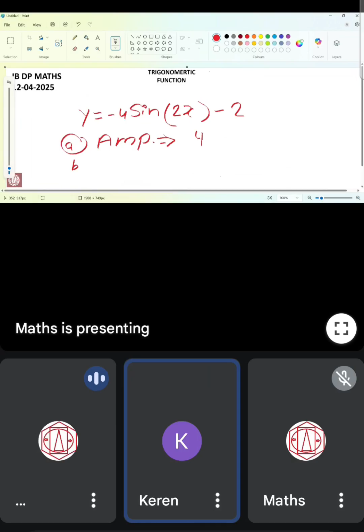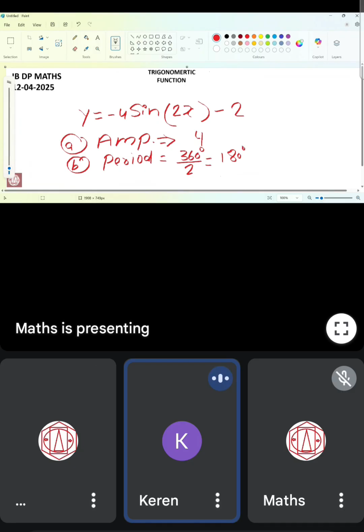And what will be the period of the function? 360 upon 2. So what exactly does it mean? 360 divided by 2 is 180 degree, right?